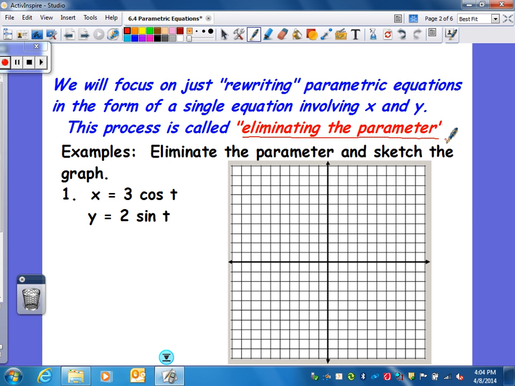So the first thing I want to do is solve for cosine t. I want to get whatever my cosine or sine is by itself. That way we're just left with x or y or a number.